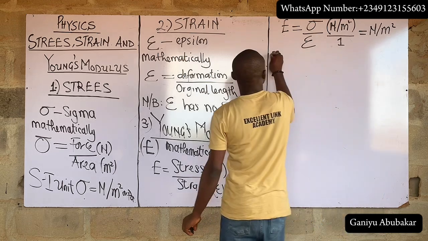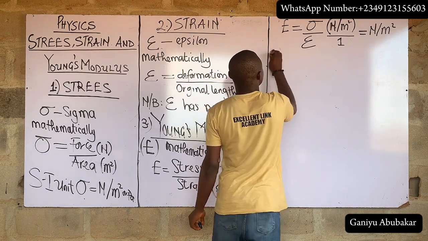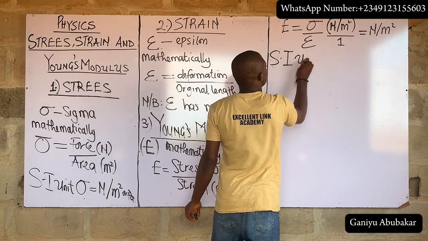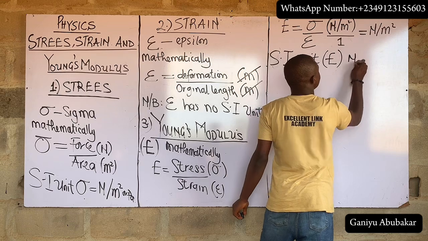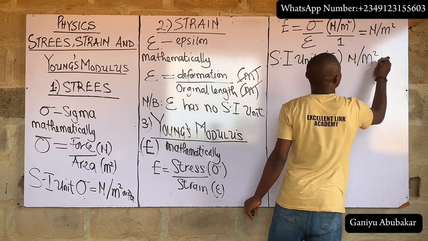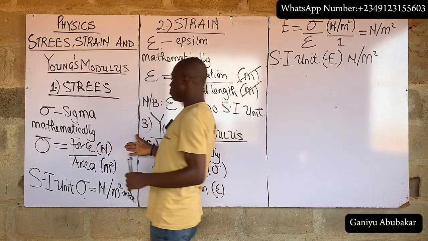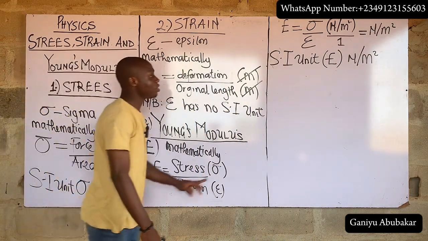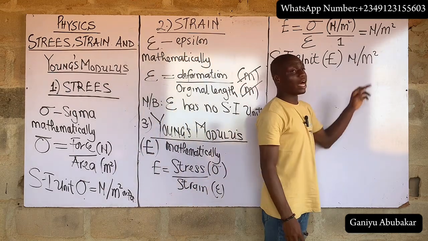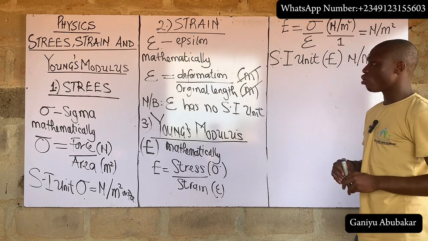So the SI unit for Young's modulus is Newton per meter squared. Note that Young's modulus and stress have the same SI unit, of course Newton per meter squared. So this becomes your concept behind Young's modulus.